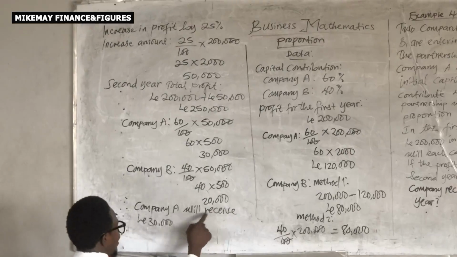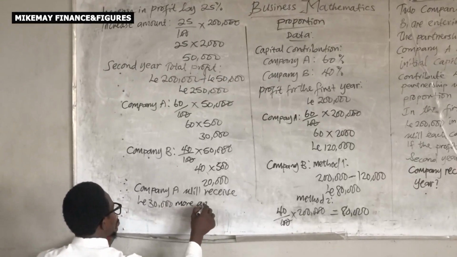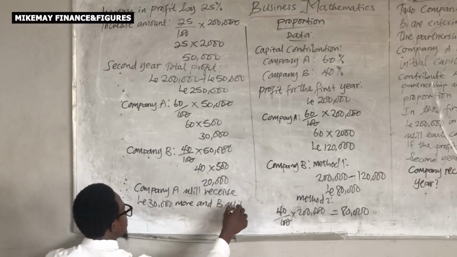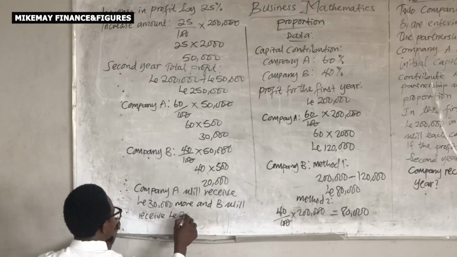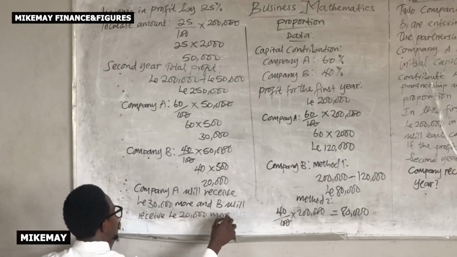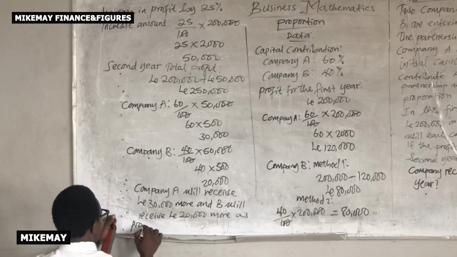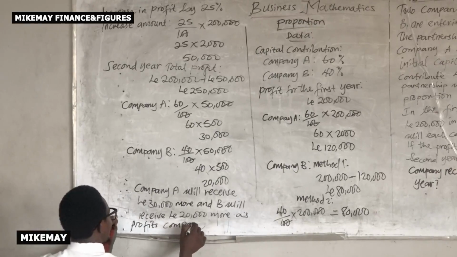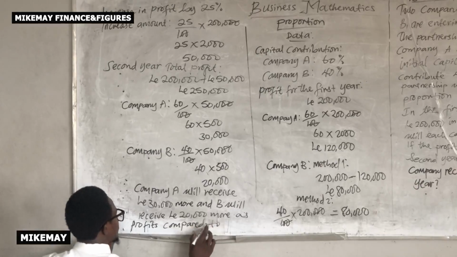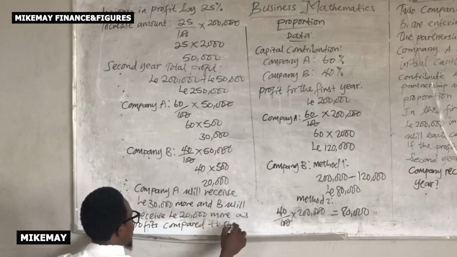So company A will receive 30,000 more and B will receive 20,000 more as profit compared to the first year.